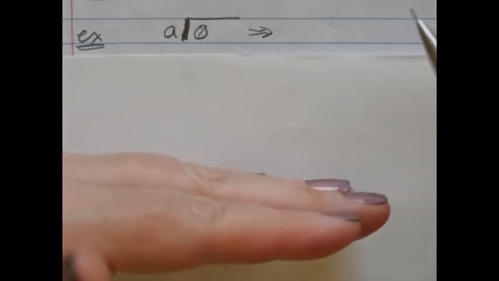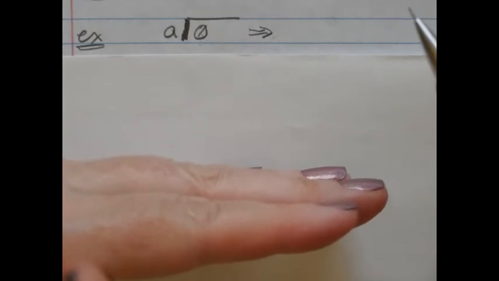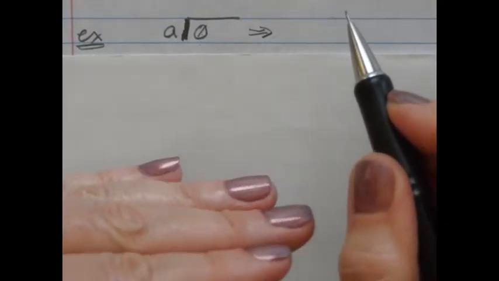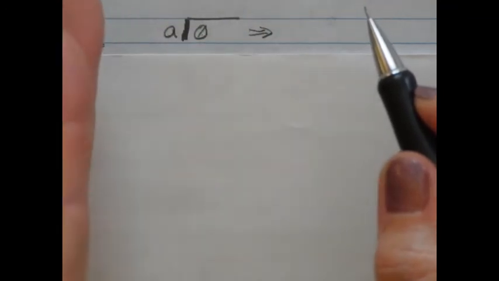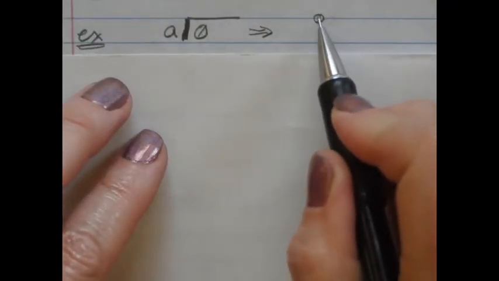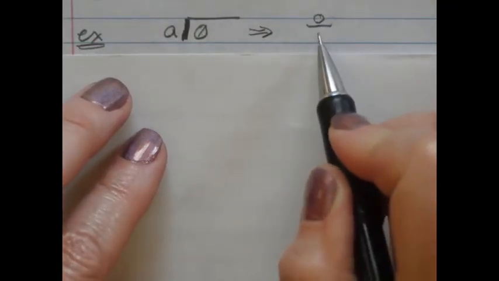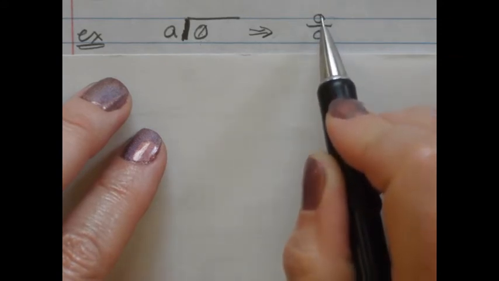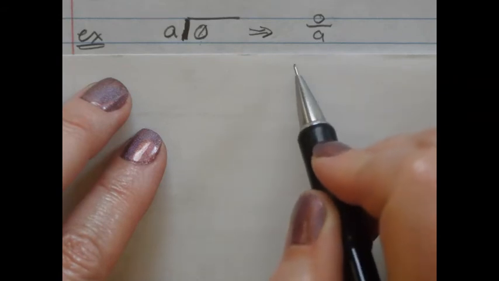So you can take this whole problem and put it back into its vertical position, the up and down position. If you do that, you would have 0 on top and a down below. So now you've got 0 divided by a.